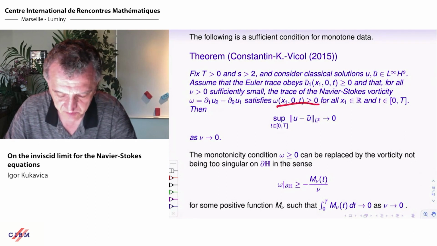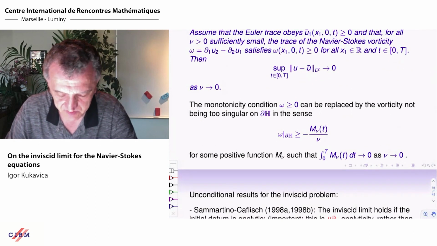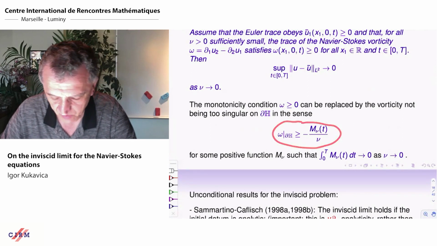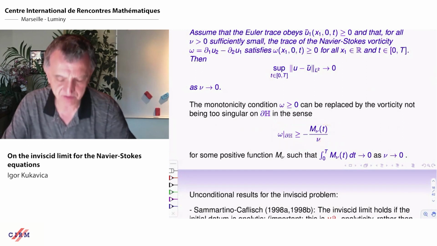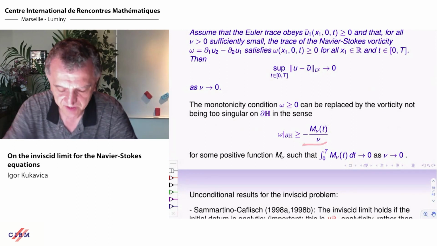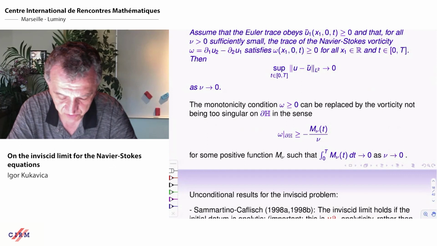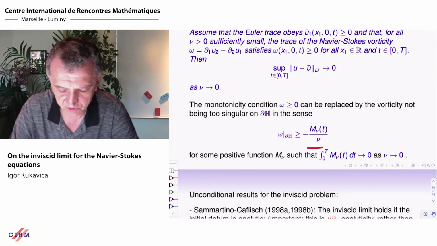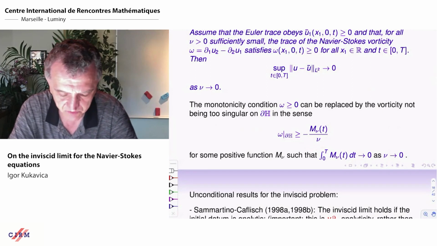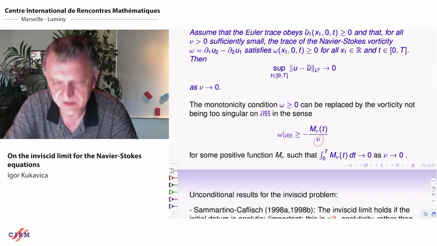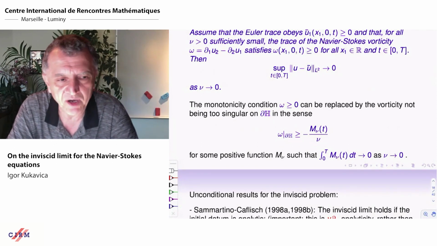So that seems plausible to check, but again, it seems like just a sufficient condition. This can be relaxed into a 1 over nu type sufficient condition, and almost a constant, just a little bit of nu, but basically lower bounds 1 over nu. However, lower bounds even in 2D are very tough to obtain, or upper bounds. So if one wants to obtain Navier-Stokes bounds in terms of the viscosity, the best known bound is exponential.